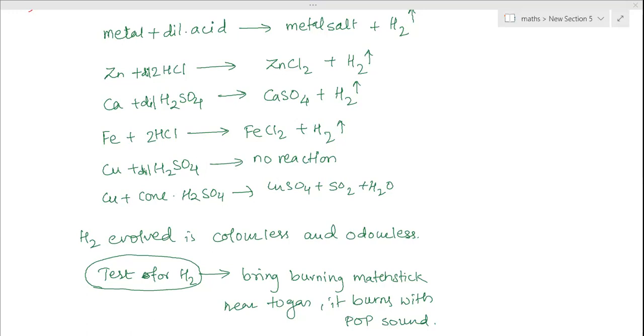Next is reaction with metal carbonate and metal hydrogen carbonate.